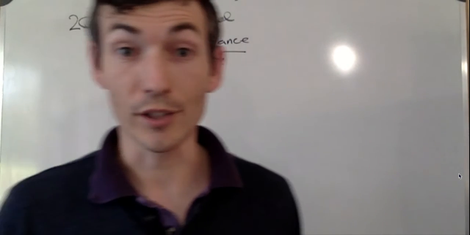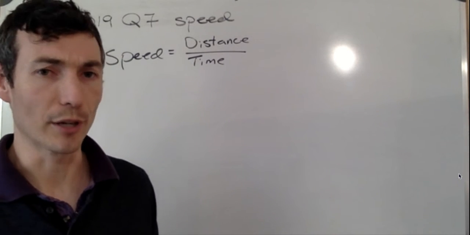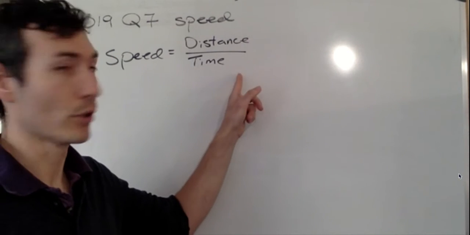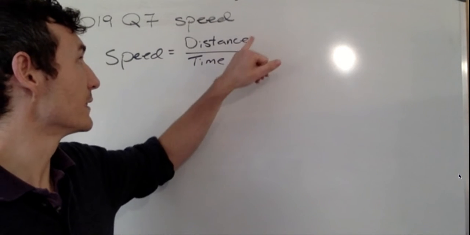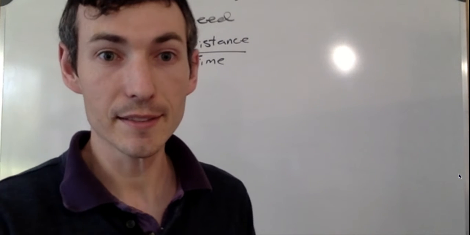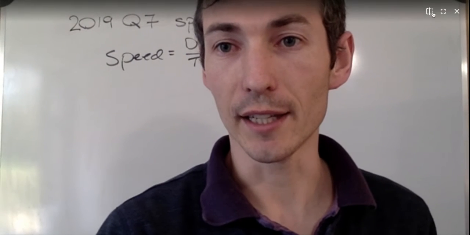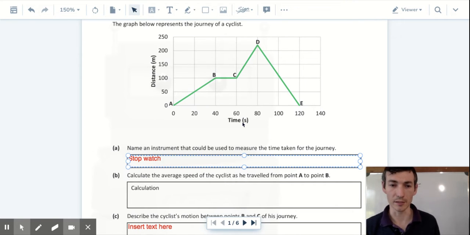In terms of your car, you would normally measure speed in kilometers per hour, a distance per time. Some people still measure speed in miles per hour. In this case, we've got our distance in meters and our time in seconds, so our unit is going to be meters per second.